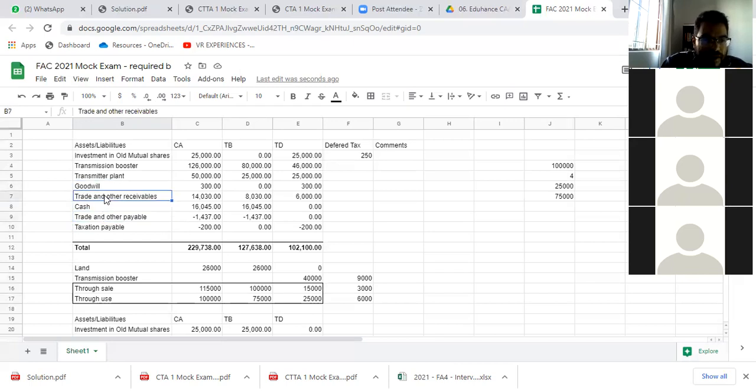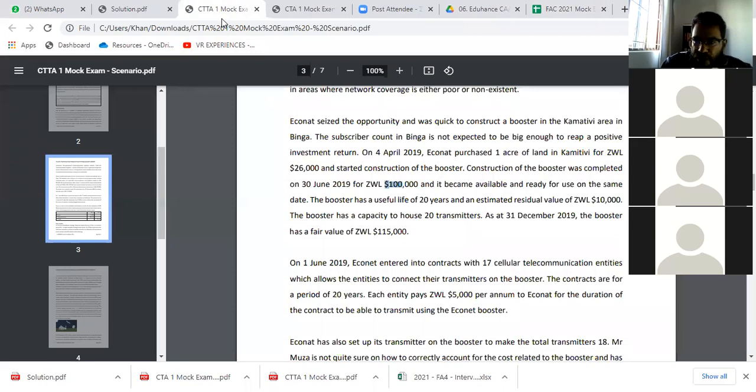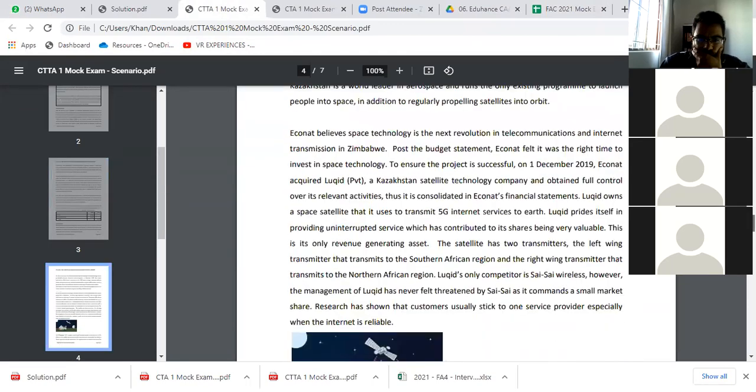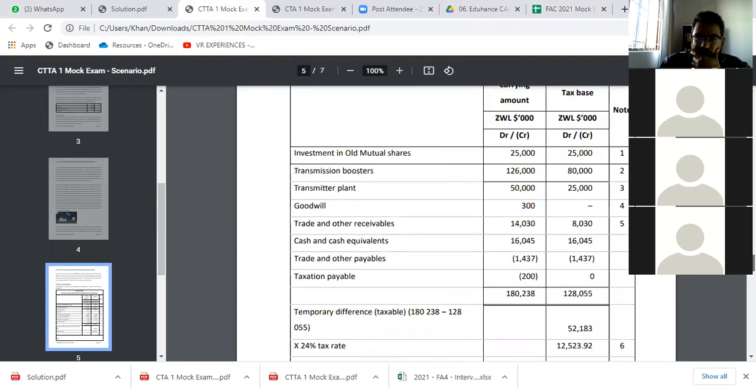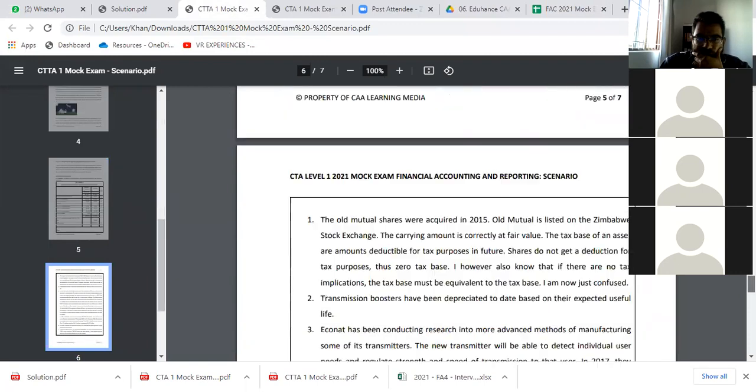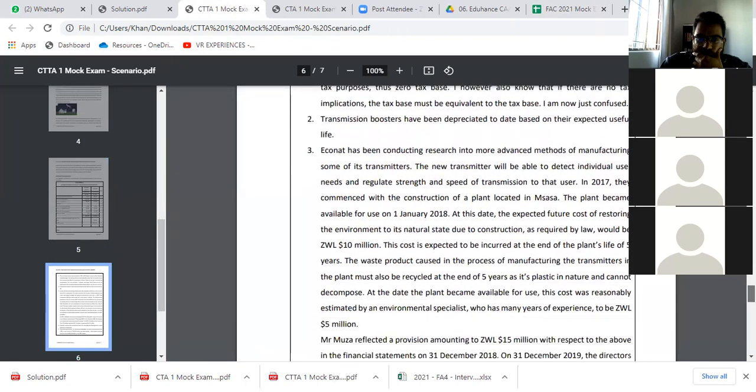Now we need to deal with trade receivables and the transmitter plant. So I'm going to go back to the scenario for the transmitter plant. I just need to see, can't remember what was said. So transmitter plant, 50,000, 25,000, note number 3. Okay, so they're saying Econac is conducting research.